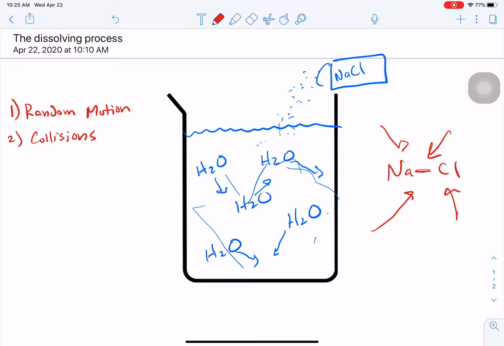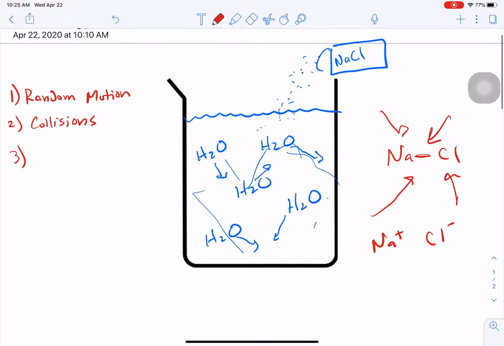Okay, now it's going to keep getting weaker and weaker and weaker, and eventually it breaks apart into ions. Okay, it breaks apart into Na plus and Cl minus. So Na plus and Cl minus separate.